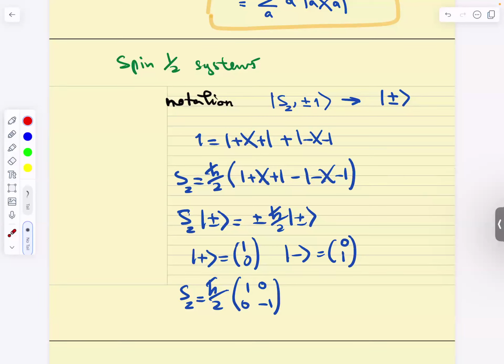The resolution of identity. I sometimes write, by the way, this notation, let me just say it right away. Sometimes I write the identity matrix this way: 1, 1. Sometimes I just write it as equal to 1.